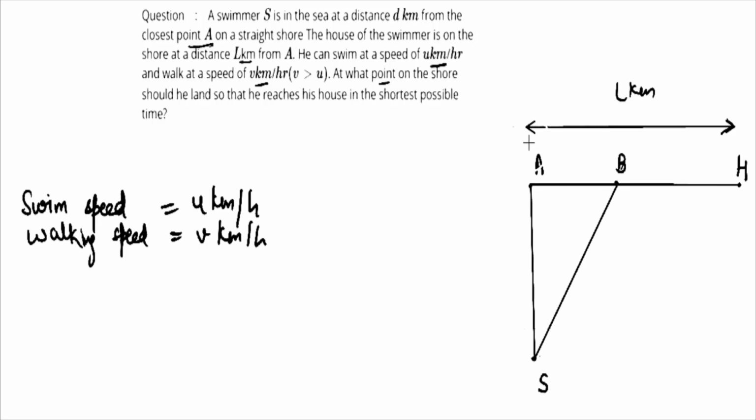Now we can also say here that this distance from A to B, let us say this distance is x kilometer. Then it is clear that the remaining distance that we will be having will be L minus x kilometer. This is the distance L minus x kilometers.